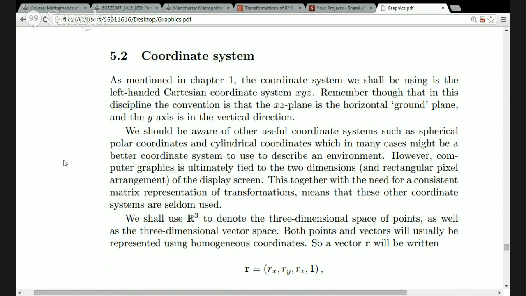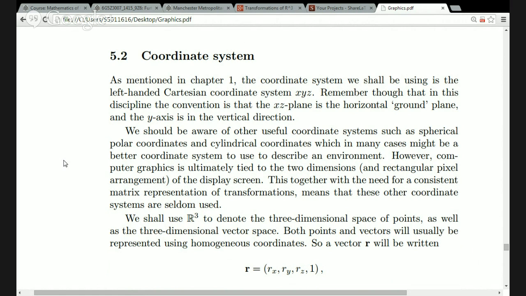We should also be aware that there are other useful coordinate systems that in many ways make more sense for describing things in 3 dimensions, such as spherical polar coordinates or cylindrical coordinates. But because computer graphics always ends up placing things onto the 2-dimensional screen, for which the Cartesian coordinates are the sensible coordinates to use, because ultimately at the hardware level the screen is just a rectangular array of pixels, things are quite tied into the Cartesian system.